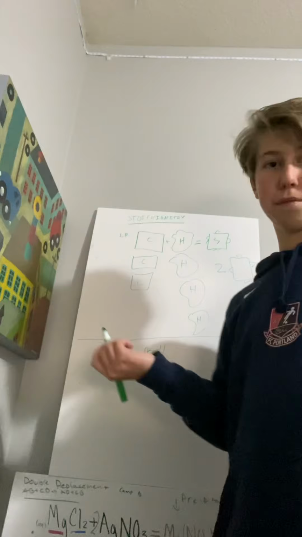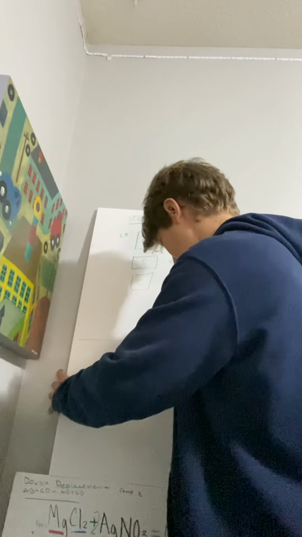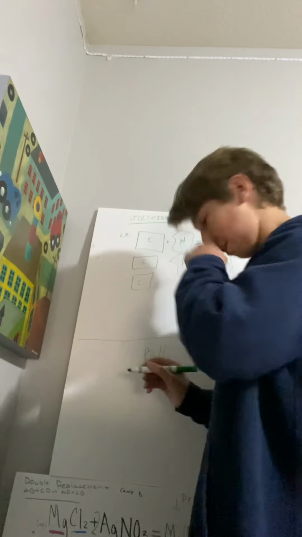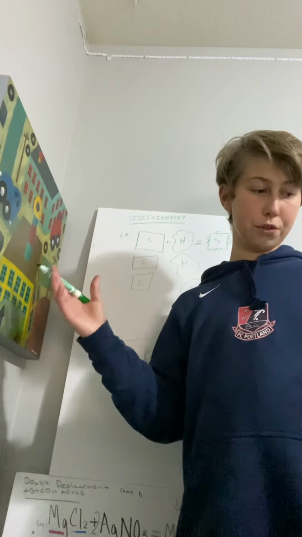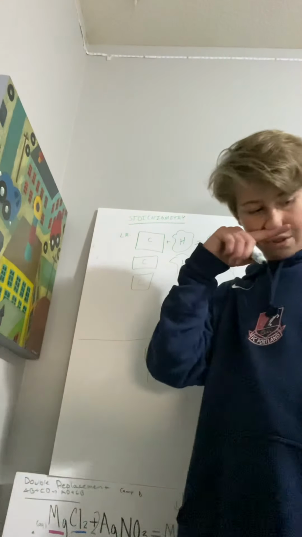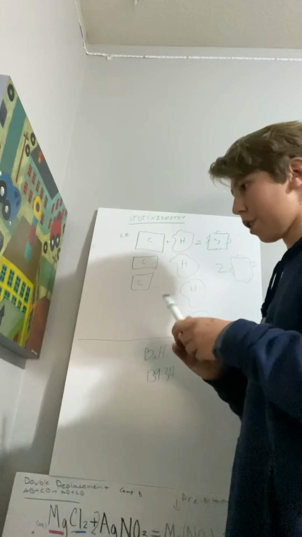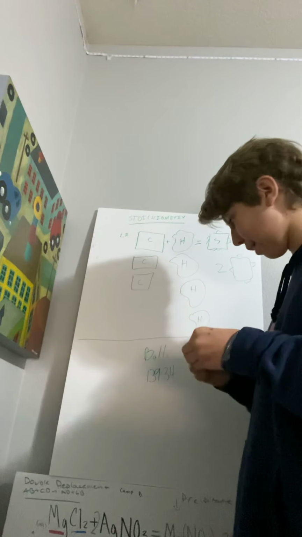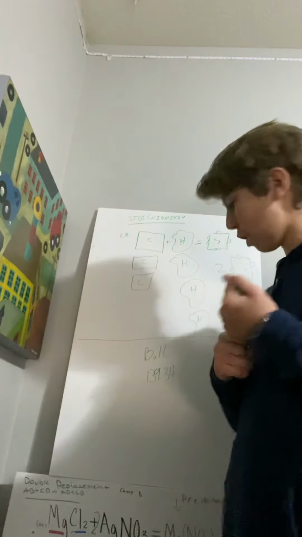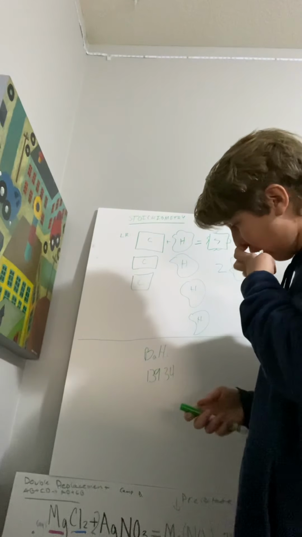I've already done this, and I know that it's 139.34 grams. That's the mass of this barium hydride, which is what we have. And we want to know how many moles we can form, which is our theoretical, of this barium hydride.